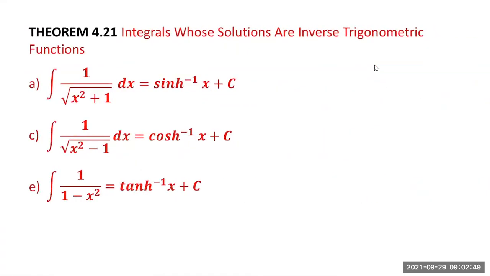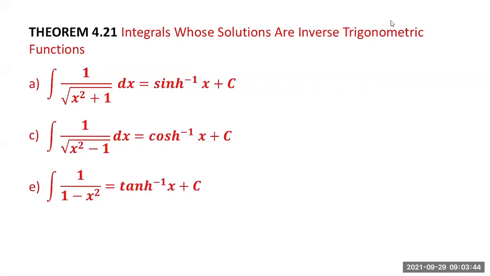Next, I want to go over this theorem 4.21. Again, we have formulas for indefinite integrals whose solutions are inverse trigonometric functions. Here, clearly, this is a typo. This is not inverse trigonometric functions, but inverse hyperbolic functions.